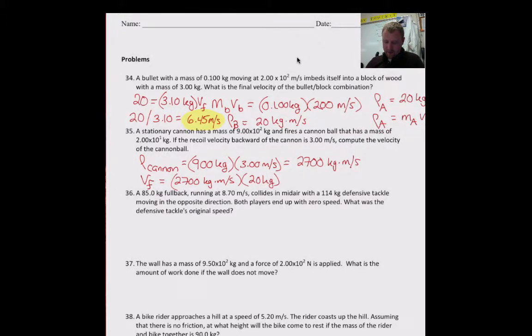So 2,700 divided by 20 gives us a grand total of 135 meters per second. But it has to be a negative 135 meters per second so that they're equal and opposite. So the answer to 35 is negative 135 meters per second.